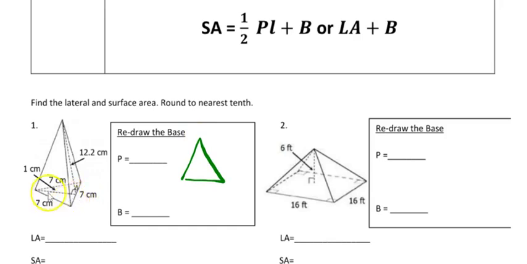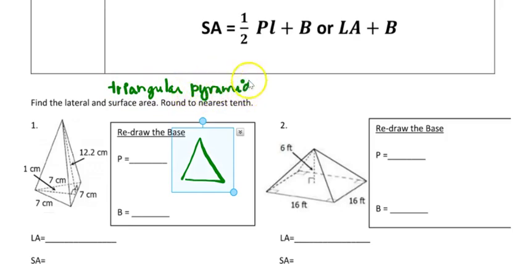Let's name this shape. We're going to name it by the base. So this is a triangular pyramid. And what do we know about this? This is a 6.1, so they're not letting us get off that easy.